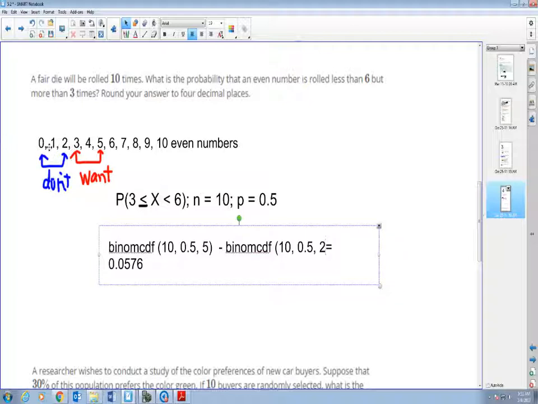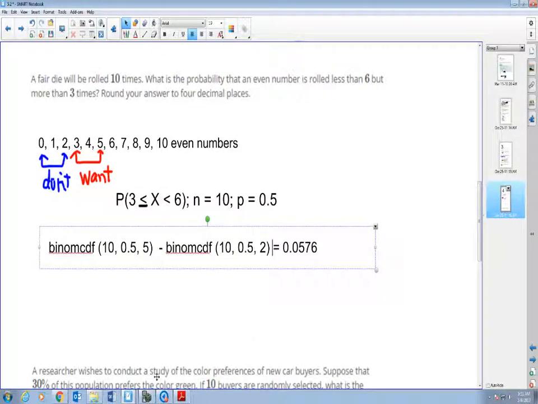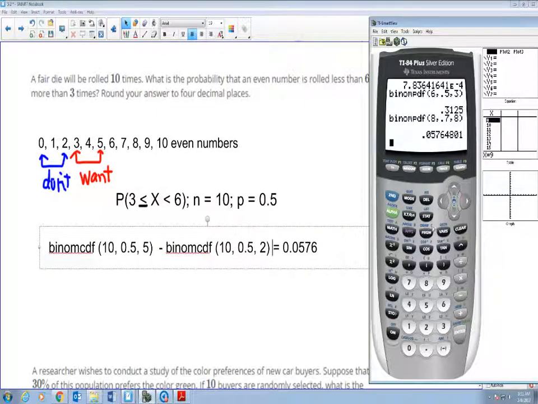So if the calculator can figure out from 0 all the way up to 5 and subtract what I don't want, that will give me what I wanted. It should work that way. Common sense tells us, if you're actually trying to make sense out of it, it should work. So let's give it a try. Figure out from CDF, cumulative, all the way up to 5 first.